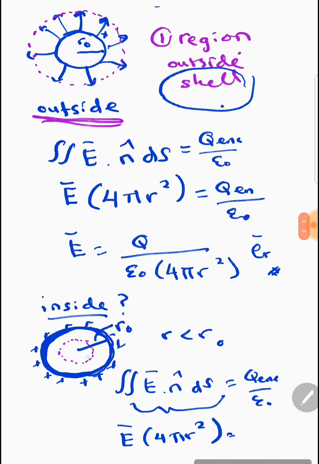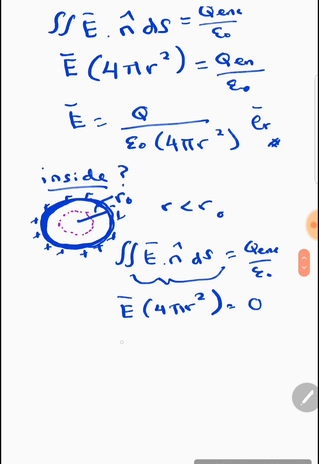The charge is all on the side that you can touch, and whatever is inside is hollow. What does it mean when it's hollow? It means there's no charge, so Q enclosed is zero. Therefore, your electric field is zero inside the shell.